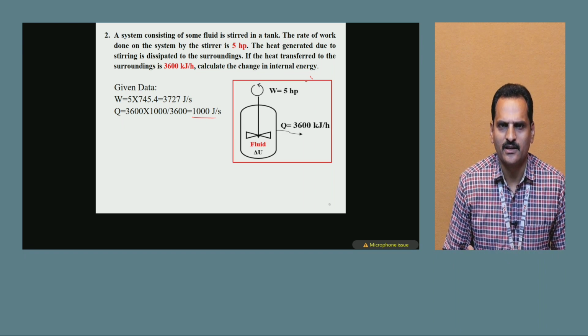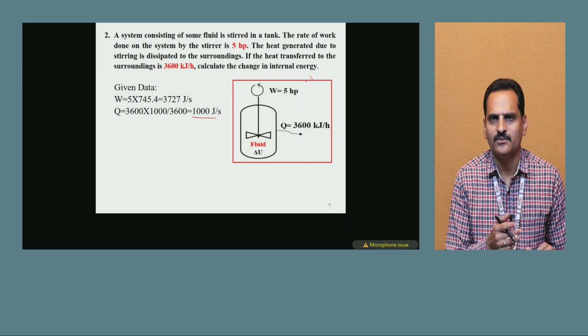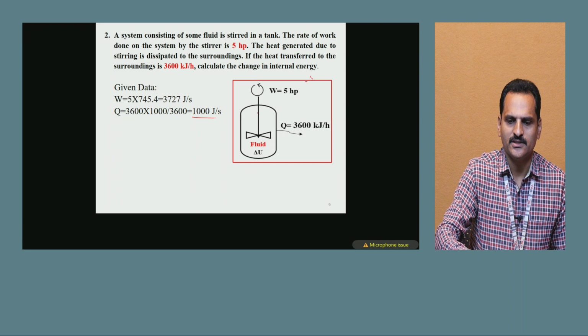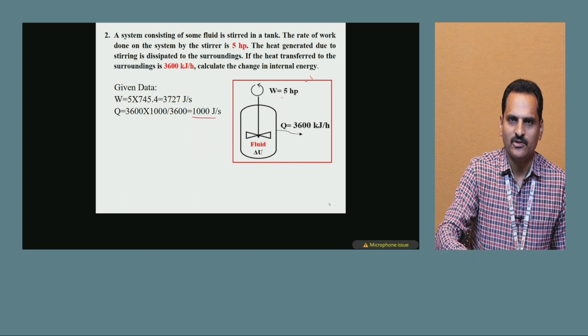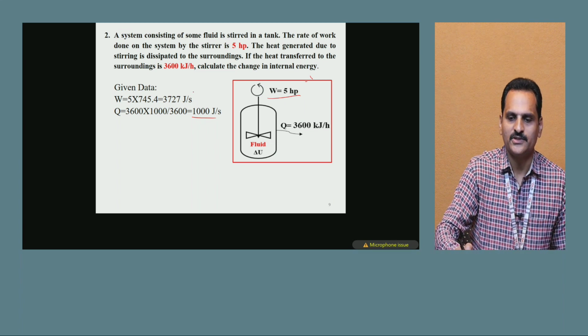If you look at this diagram, then you can easily understand this concept of the first law of thermodynamics. There is a tank, there is a stirrer, fluid is mixed by the stirrer, and the amount of work done by the stirrer is 5 horsepower, that is equal to 3727 joules per second.